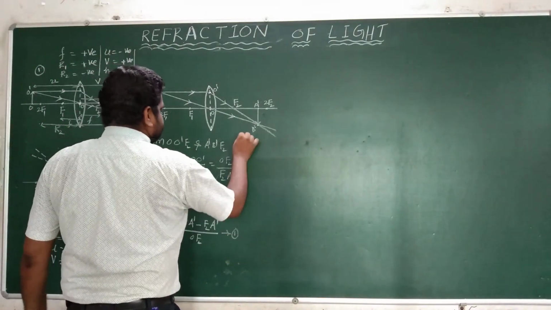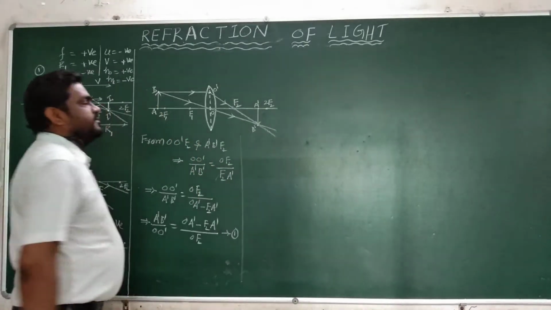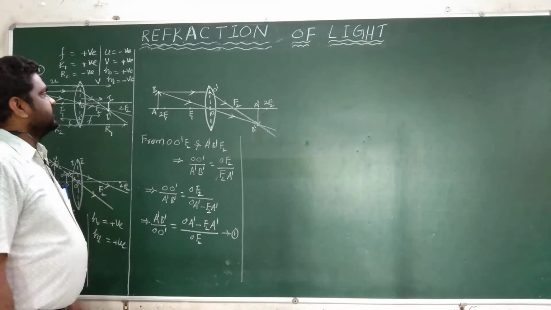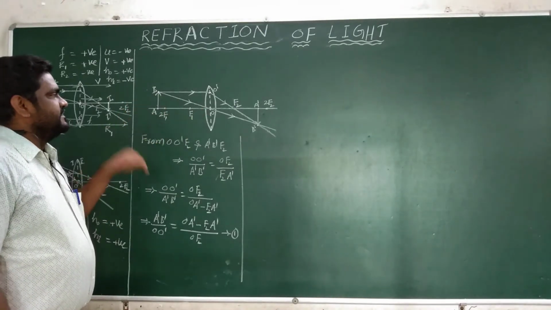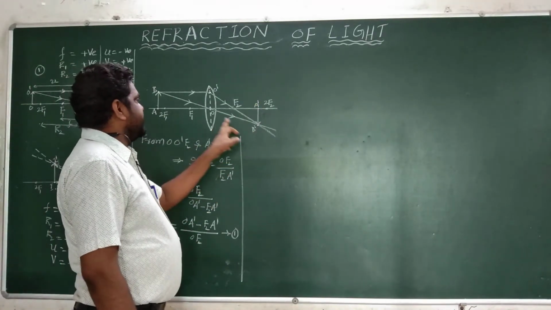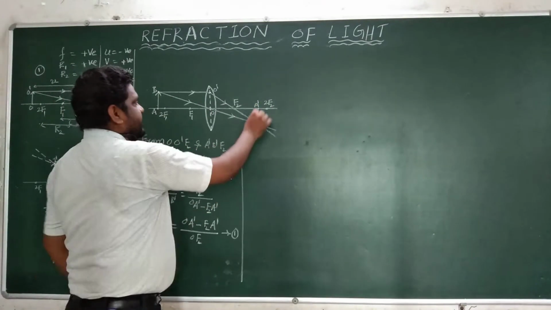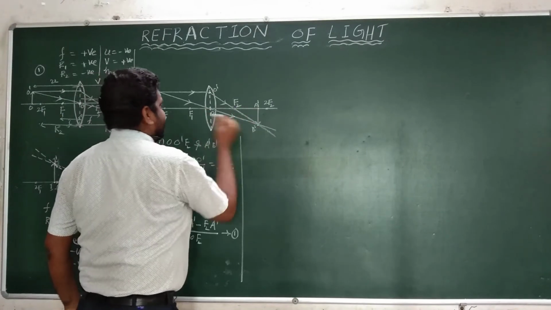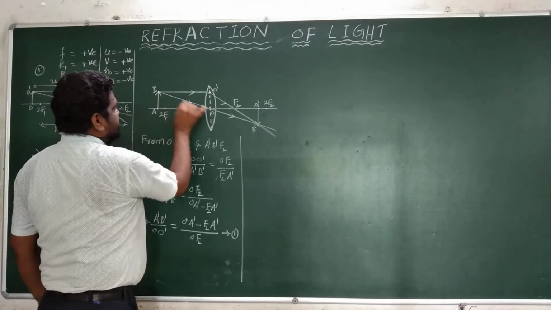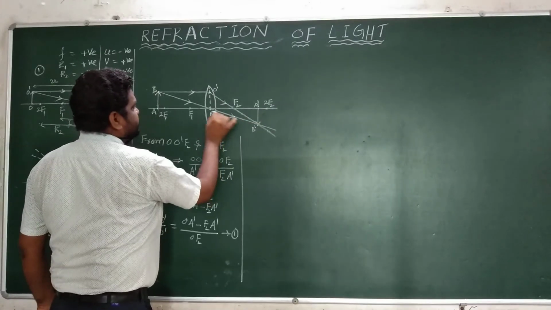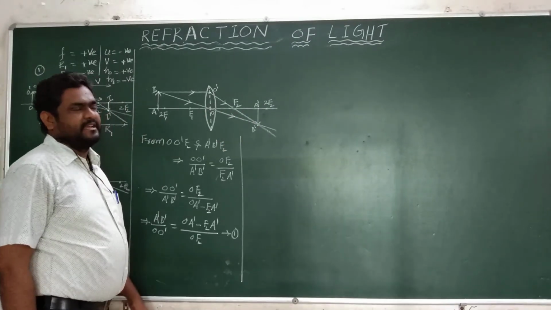So after that, from these two triangles, ABO is a right angle triangle. Similarly, A dash B dash O is a right angle triangle. A dash B dash O, this is a right angle triangle. ABO is a right angle triangle. So ABO and A dash B dash O are similar triangles.